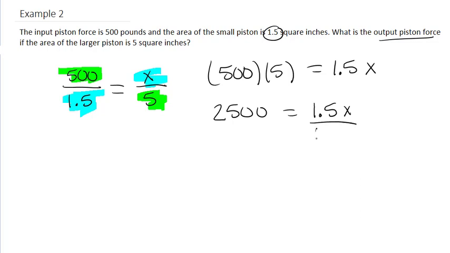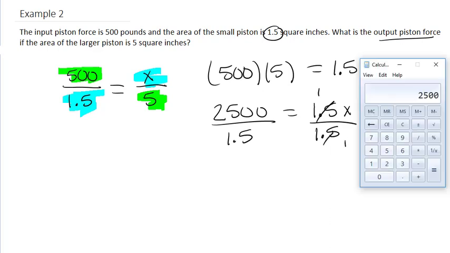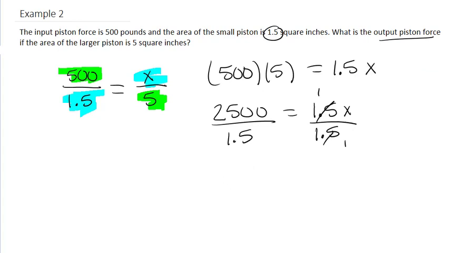Then we need to divide by 1.5 to get x by itself, and we do this on both sides. This just becomes 1. So let's divide this by 1.5, and we get 1,666.67. Let's round to the nearest whole number, so it's 1,667, and this is in pounds.